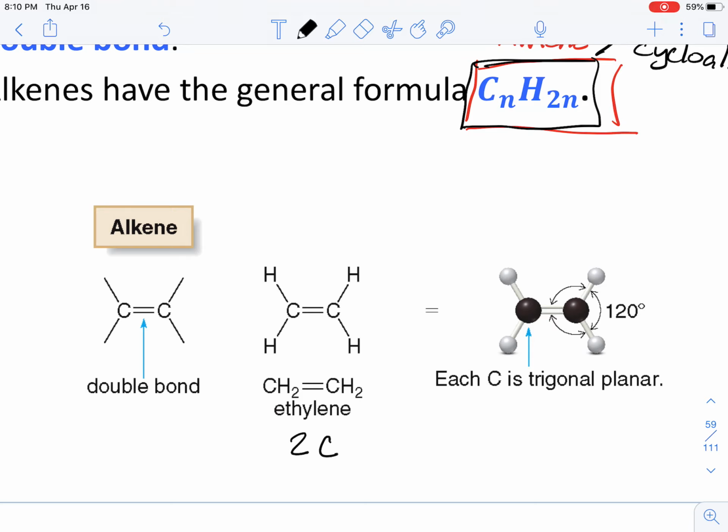Ethylene is a common hydrocarbon that's typically colorless, and it's a flammable gas. If you have a vial of pure ethylene and you waft it to your nose, it will have a sweet and musky odor to it.